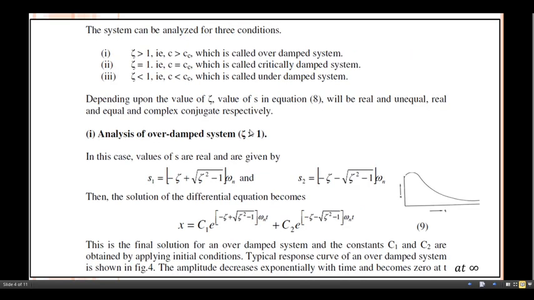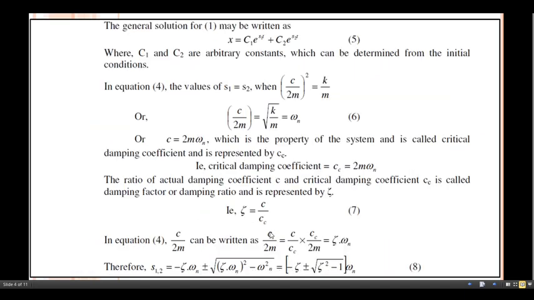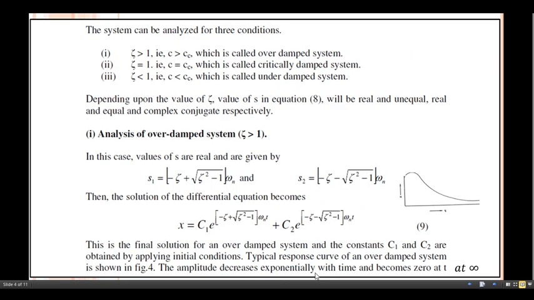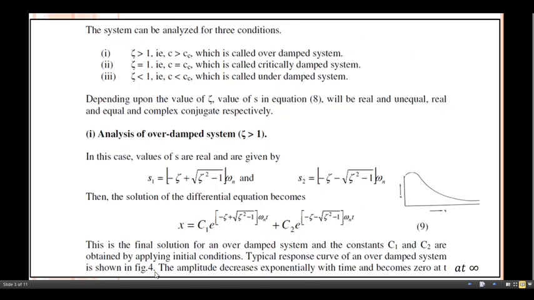So when the value of zeta is greater than 1, the equation will come like this one.